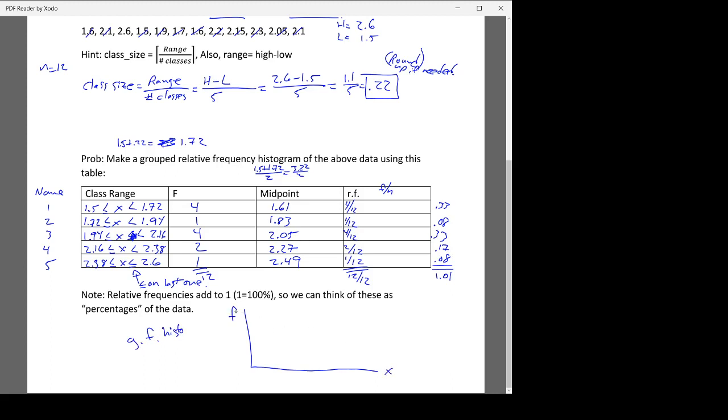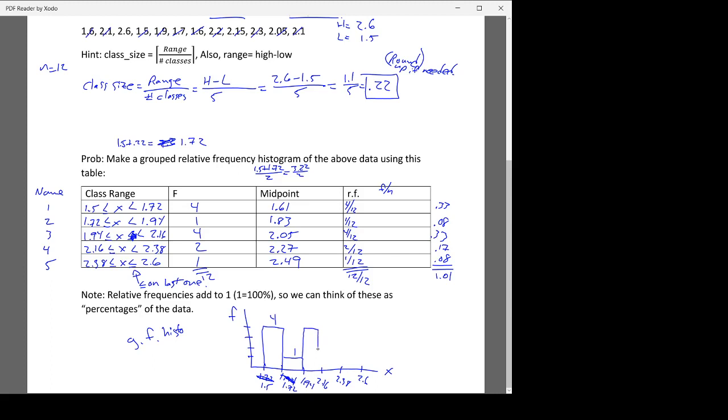Our groups are, I'm sorry, 1.5 is where we should have started. 1.5, 1.72, 1.94, 2.16, 2.38. These are class boundaries, and 2.6. And then our first one, they go up to 4. 1, 2, 3, 4. So our first one goes to 4, and then 1, and then 4.